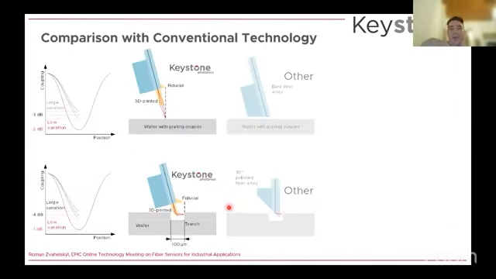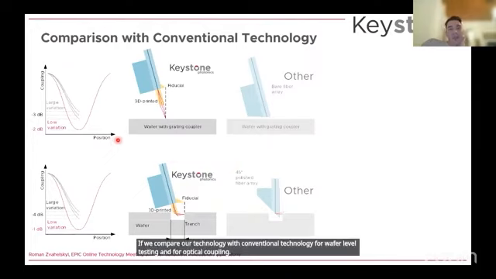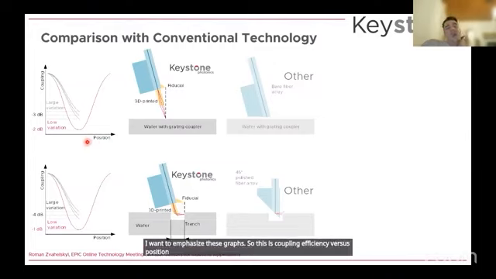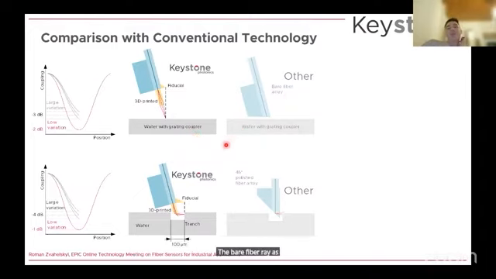If we compare our technology with conventional technology for wafer level testing and for optical coupling, I want to emphasize these graphs. This is coupling efficiency versus positional misalignment, and the red curve represents variation of coupling efficiency using Keystone lensed fiber probes, and the gray curve is just bare fiber arrays, when you move the bare fiber array as close as possible to the wafer.